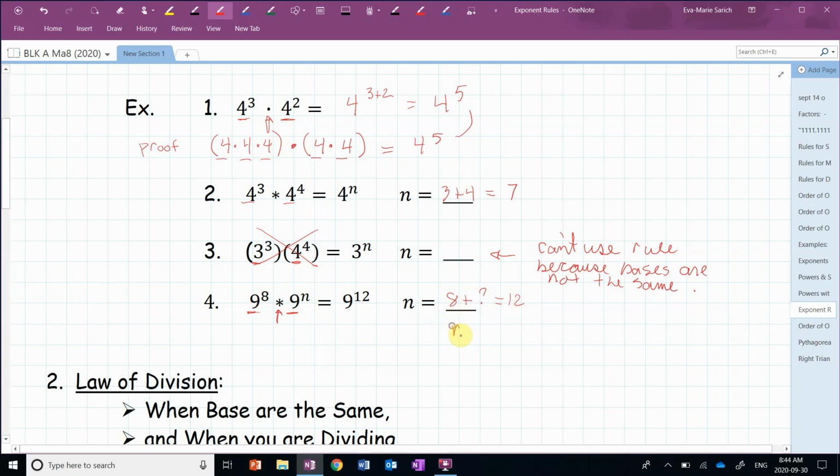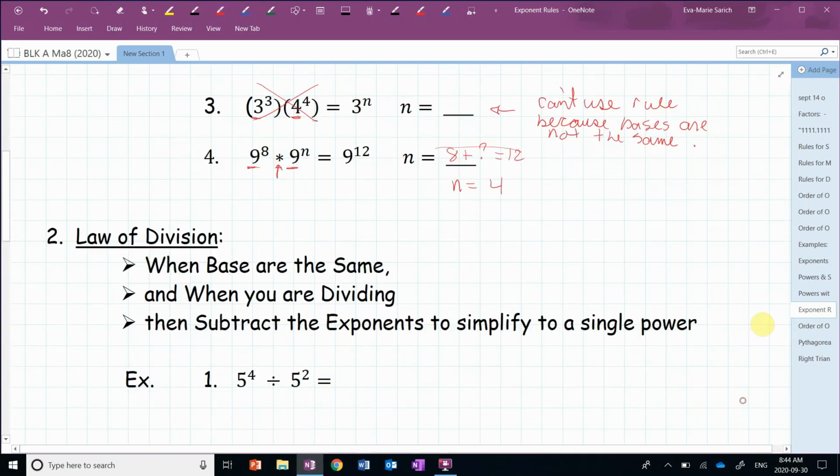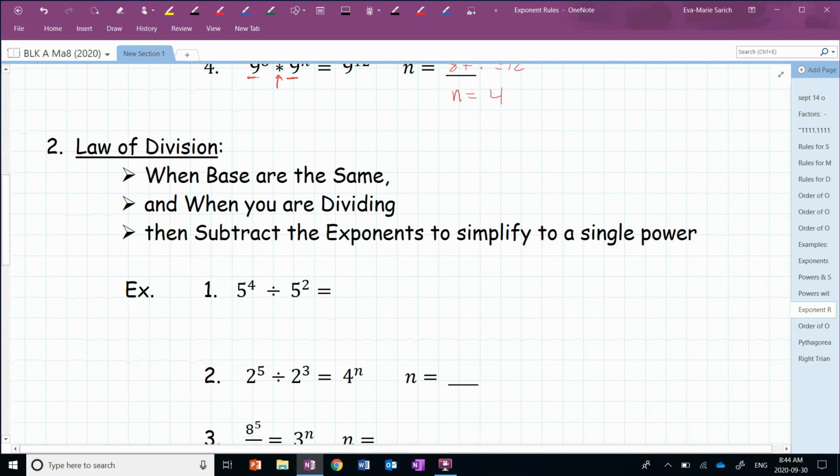So n is equal to 4. You could also go 12 subtract 8 to give you 4. So sometimes you'll be asked the exponent of the answer, and sometimes you'll be asked the exponent of part of the question.